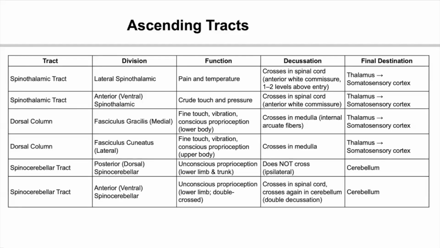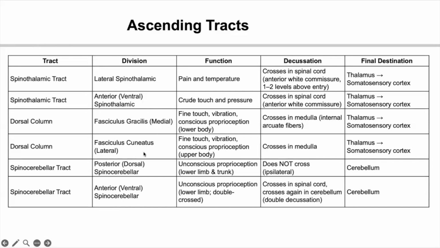And that is mainly done by proprioception. Proprioception is basically from the lower limbs and the lower trunk. The lower part of the body is for the fasciculus gracilis. All the sensory reception from the lower body parts comes into the fasciculus gracilis.